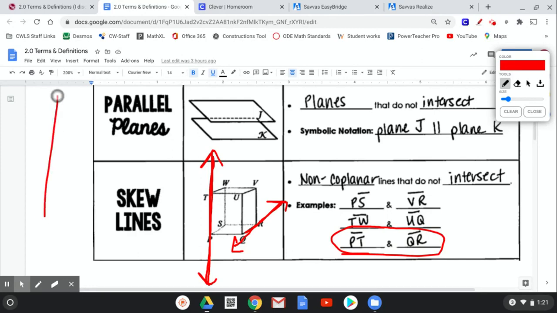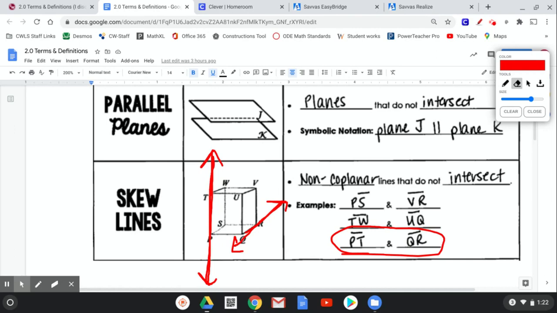One line is going up like this, the other one's going like this. They are separated, and they are not ever going to touch because they're on different planes, and one is in front of or behind the other. That's what I think about.